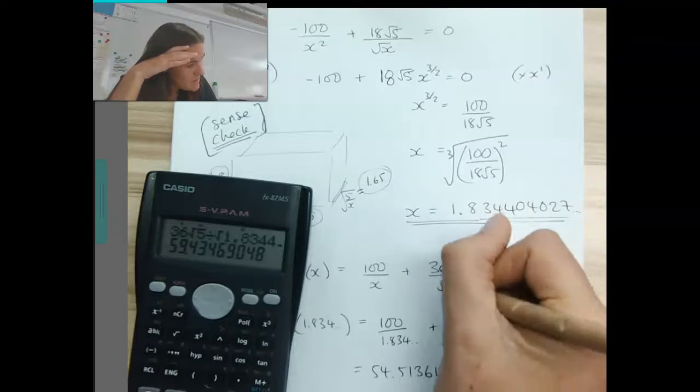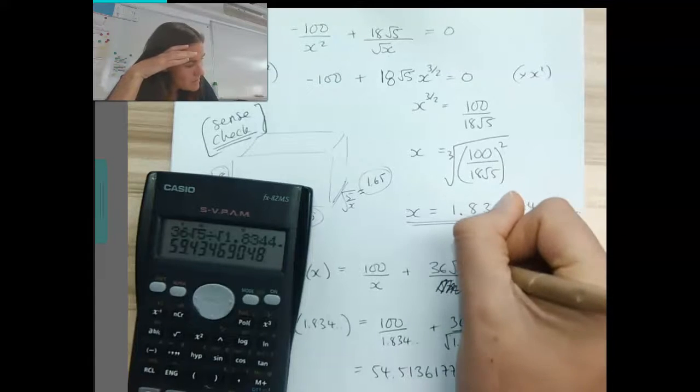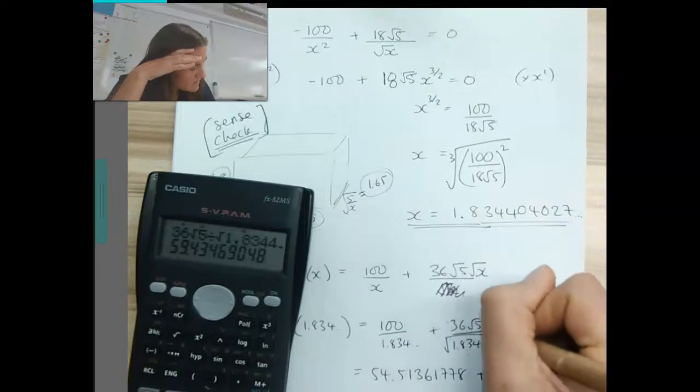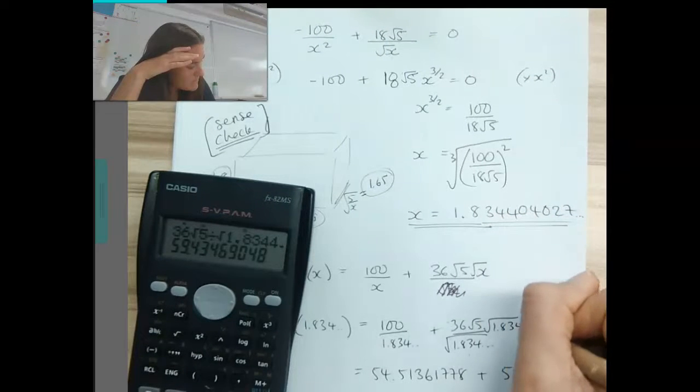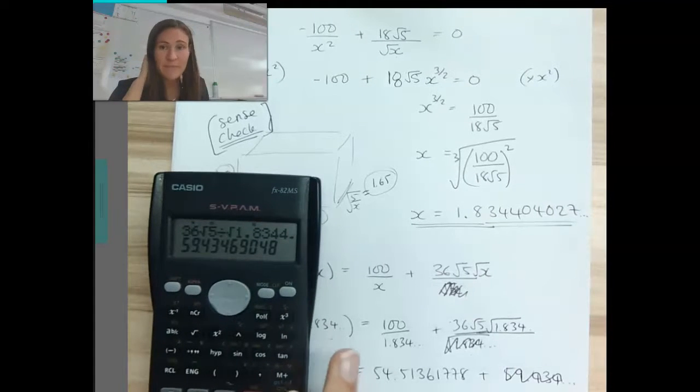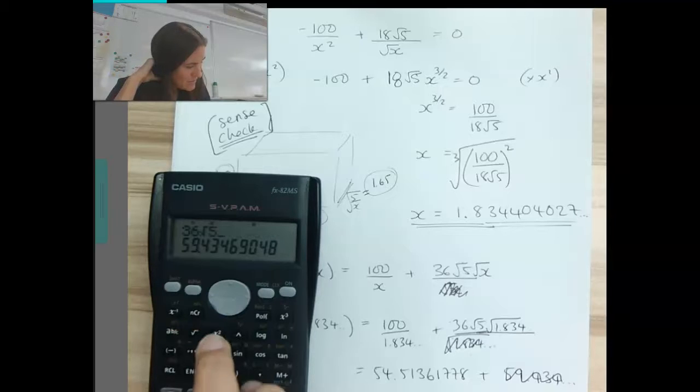No, and the reason it doesn't seem correct is because this root should be here, not divided by it. Okay, right, rewind. Sorry. So 36 root 5 times root 1.834404027.